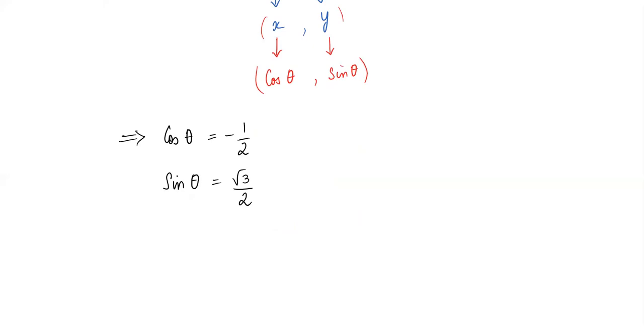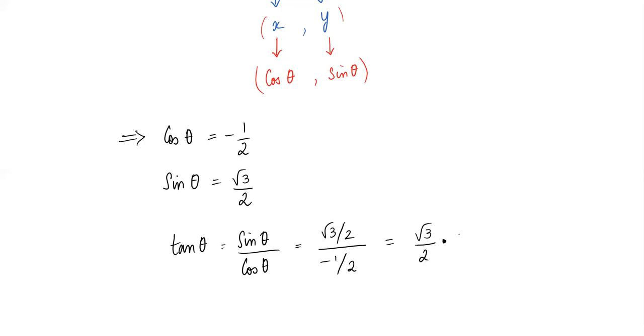In fact, we can go beyond that question and even find tan theta, because tan theta is sine theta over cosine theta, which is root 3 over 2 divided by negative half, which upon simplification would be, flip the denominator, that gives us negative root 3 as your tan theta. And you can go on like this.